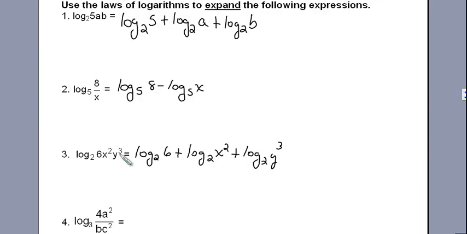The sum of the logarithms is the same as when they are multiplied as one logarithm. But now we're going to pull these exponents out in front because of rule 3. So we have log base 2 of 6 plus 2 log base 2 of x plus 3 times log base 2 of y.